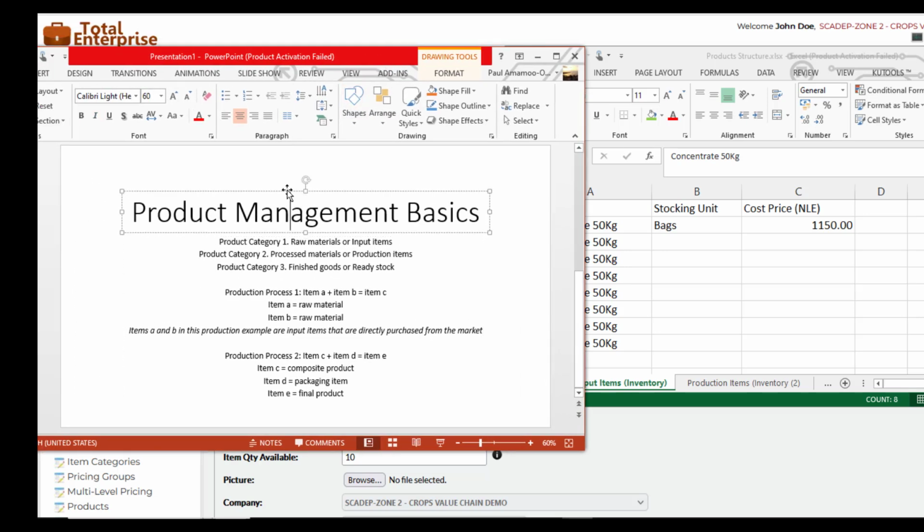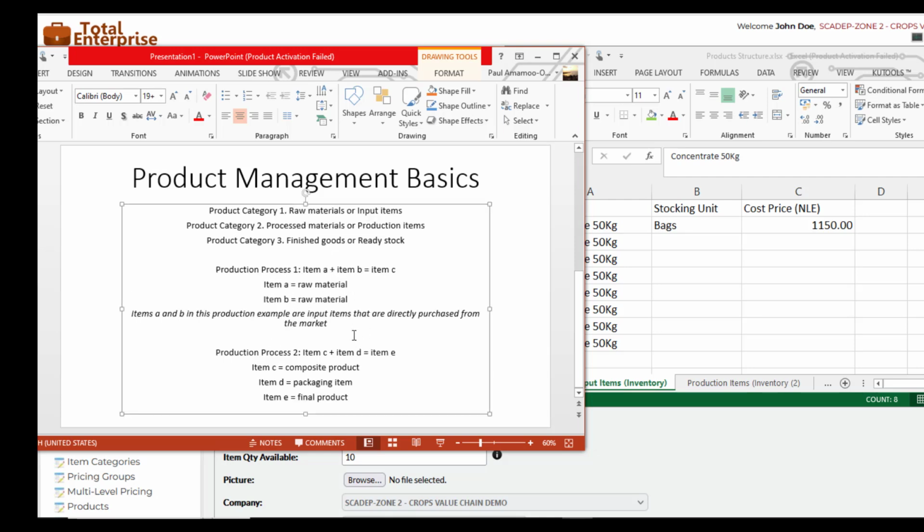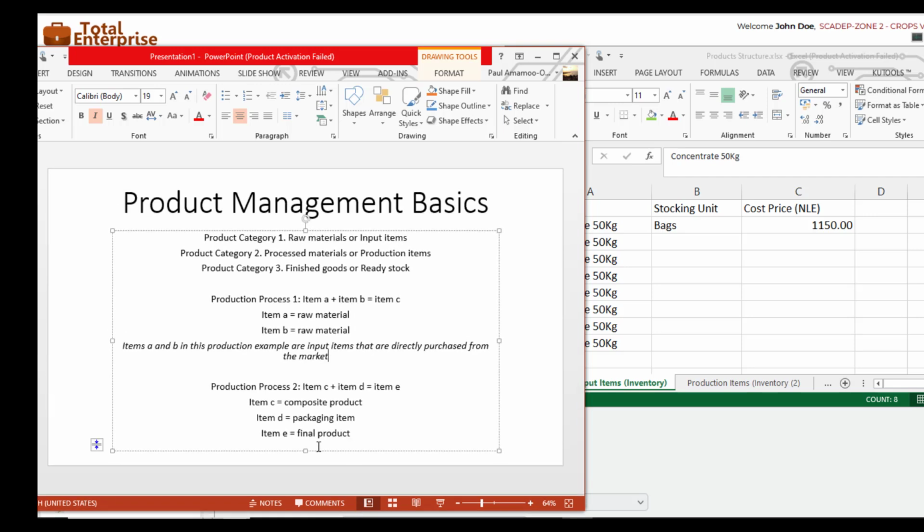Okay, and then we need to define item C well, that composite products are not purchased, but they are produced.